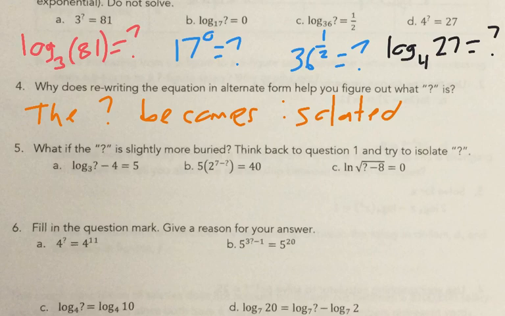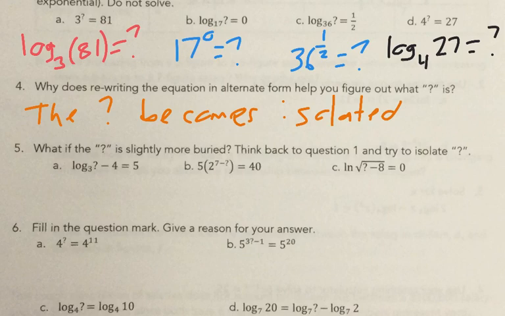Okay, thank you. So what do you guys think we need to do on 5? Log base 3 of the question mark minus 4 equals 5. We would like to rewrite this from logarithmic to exponential. Do you agree? You cannot rewrite it until the logarithm is isolated.